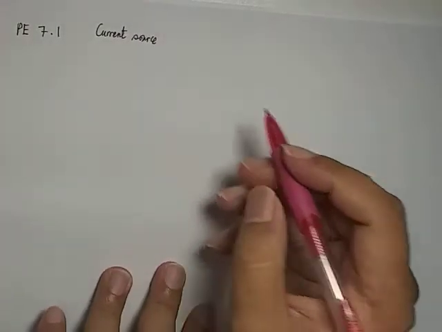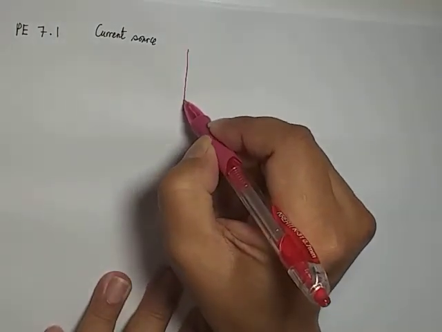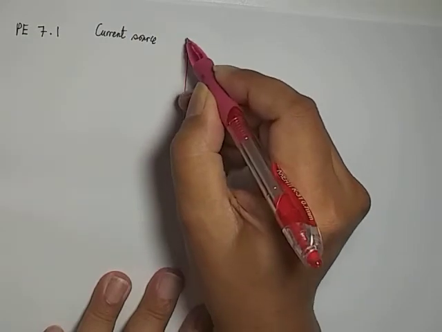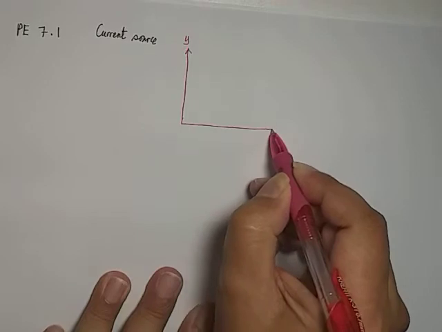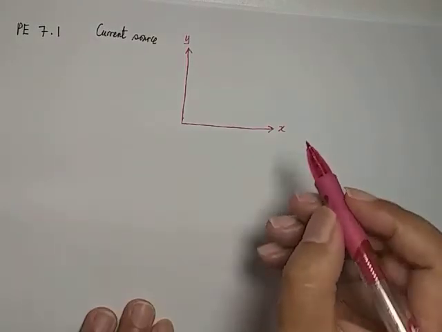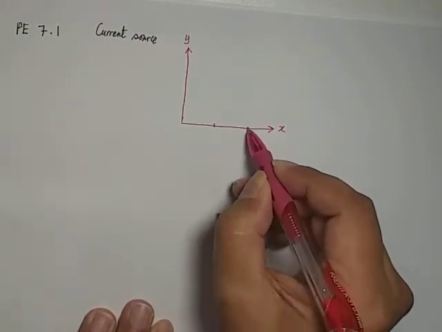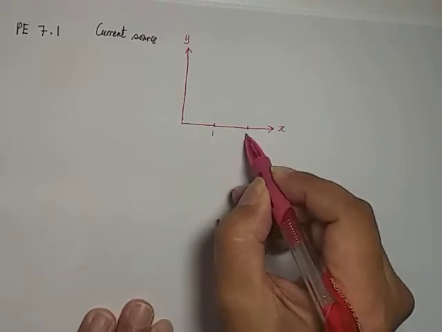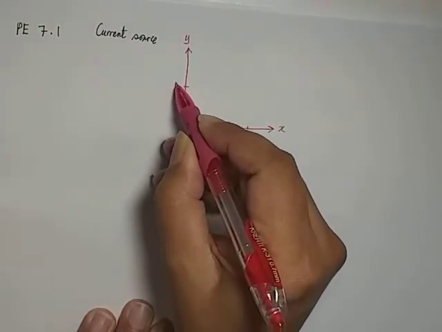So what's given here is that the current is a triangle. This is our current. Let's draw it: this is the y-axis and this is our x-axis. The scale on the x-axis is 0, 1, 2, and on the y-axis only 1.